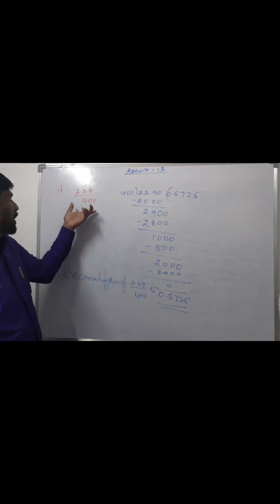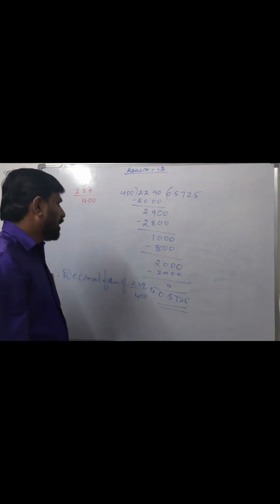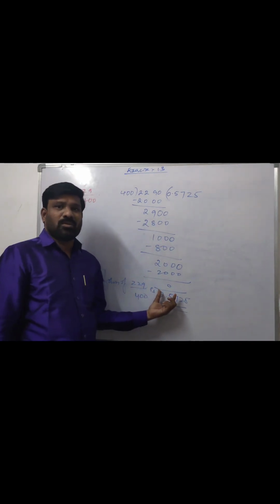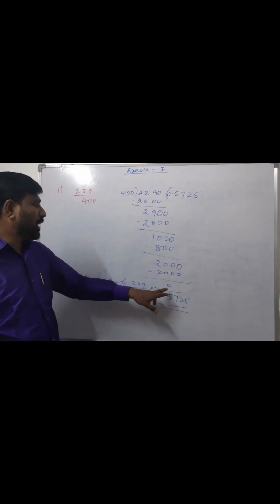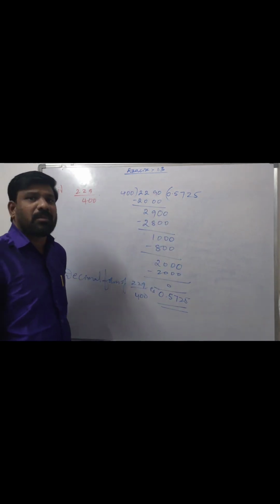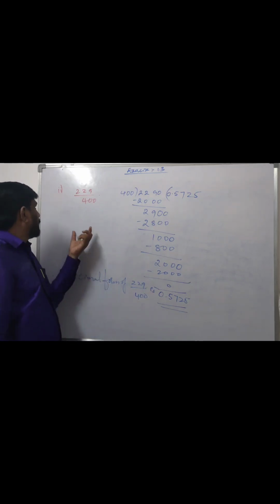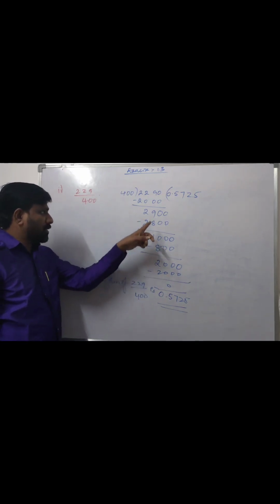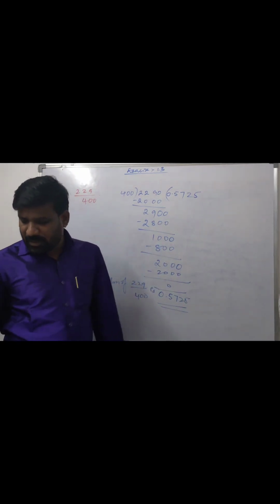And which are terminating and non-terminating decimals? If you get remainder 0, it will be a terminating decimal. If you don't get remainder 0, if it continues like that, then you can conclude that it is a non-terminating repeating decimal. Clear? So for this particular problem, this is a terminating decimal and the decimal form is 0.5725. Right? That is about the first bit.